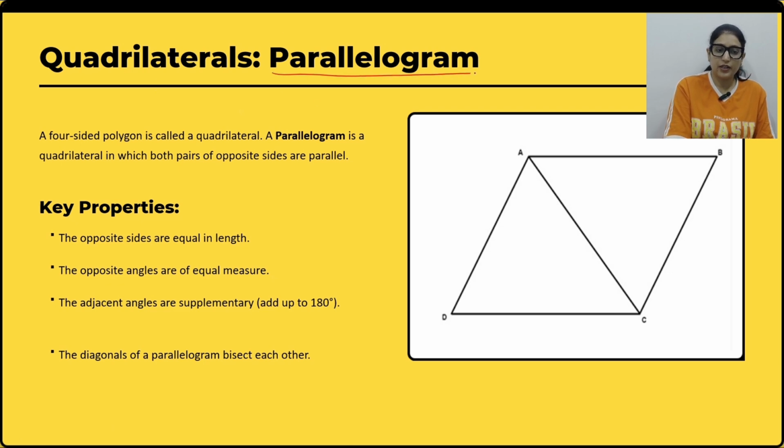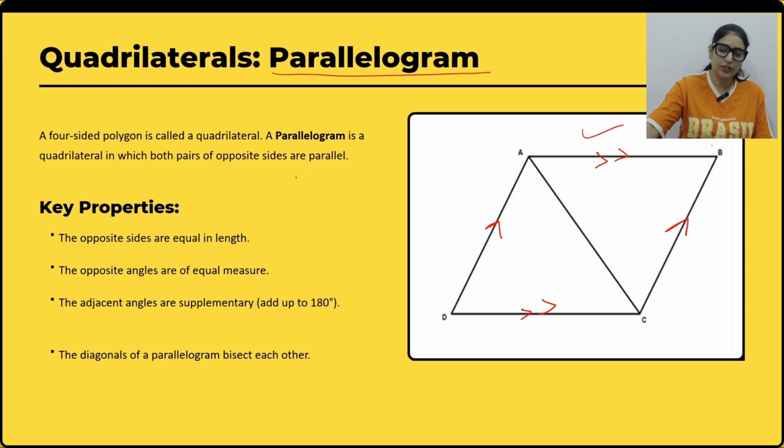A quadrilateral with 4 sides, but here if I say ABCD is a parallelogram, the opposite sides are parallel to each other. So AD will be parallel to BC and AB will be parallel to DC. Clear? Now we will learn all the properties of this parallelogram.